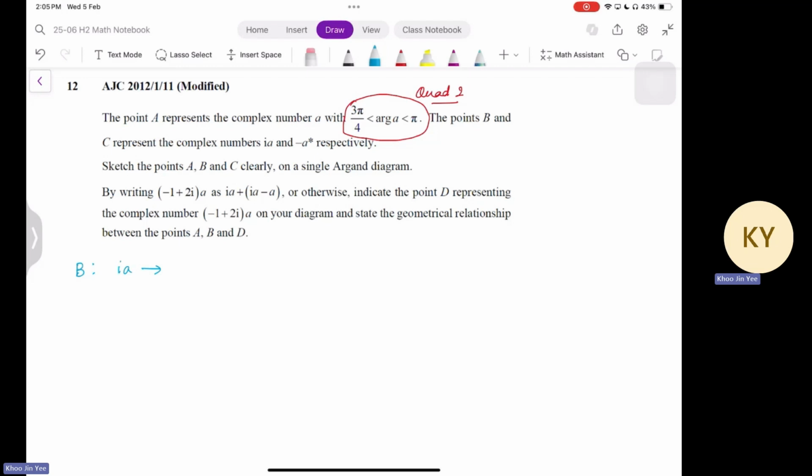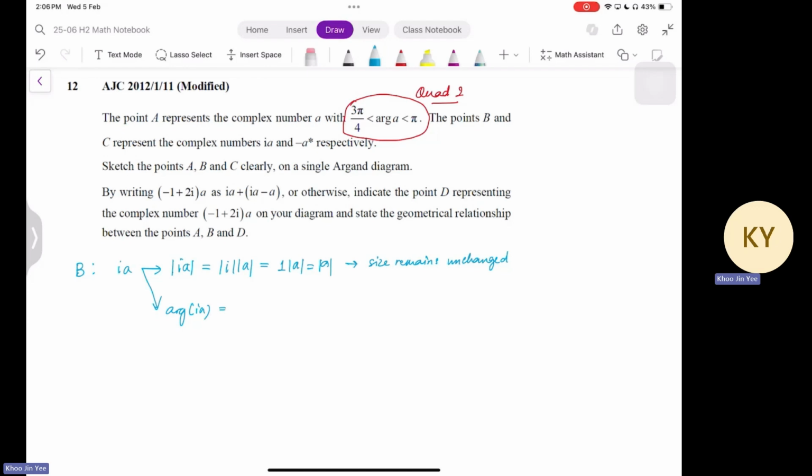Why? Because when you multiply, we need to analyze both the modulus and the argument. So this is modulus of i times modulus of A, which is 1 times modulus of A, so just modulus of A. This tells me that the size remains unchanged, more like the length of that complex number remains unchanged.